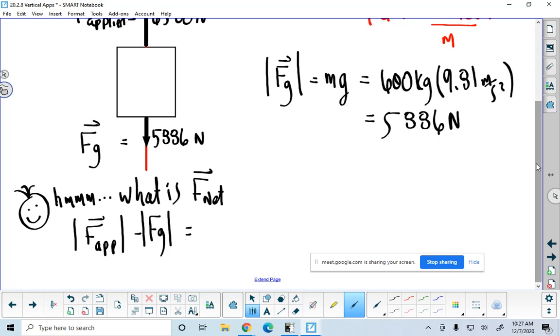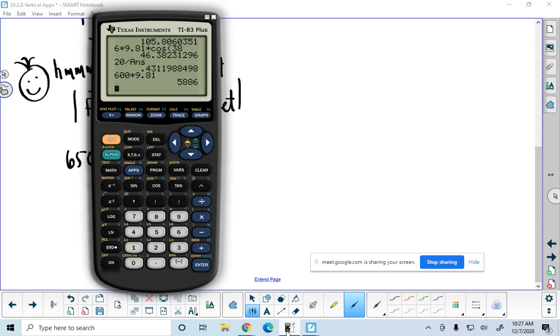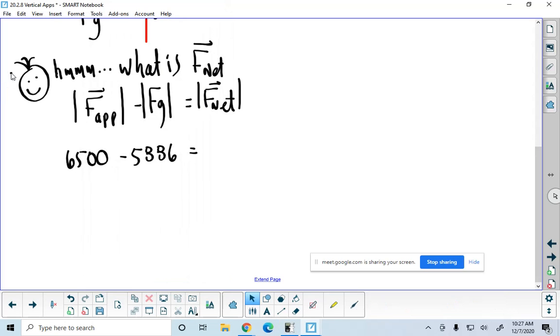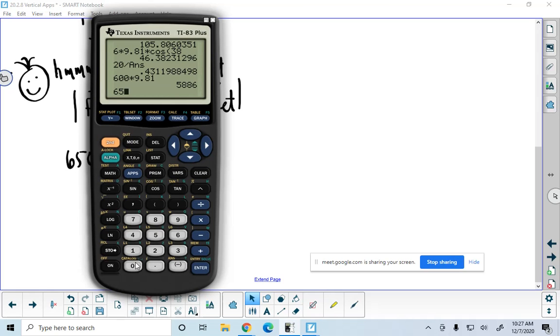That's going to give us how many newtons of net force upwards there are. So this is going to be 6,500 minus 5,886. This is going to equal F net, the magnitude of F net anyway. So we get 614 newtons.